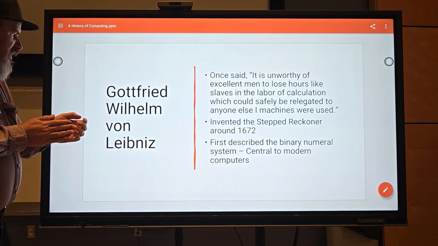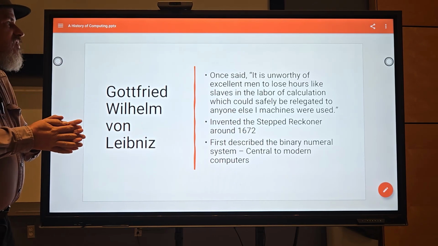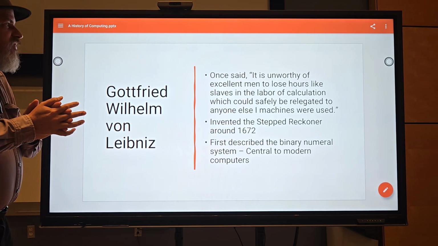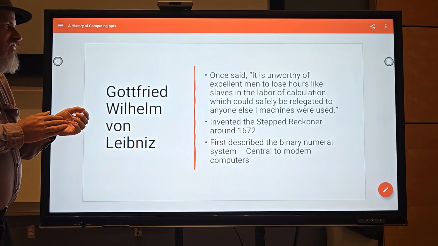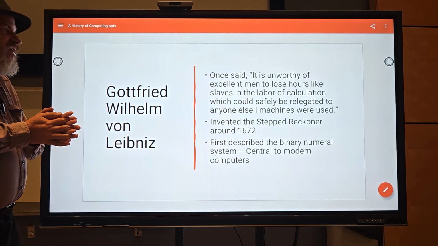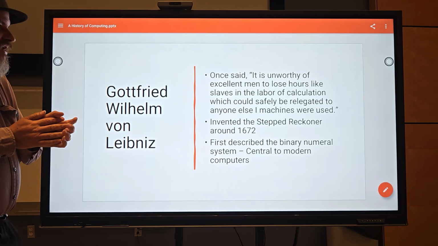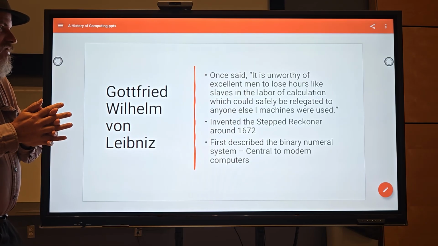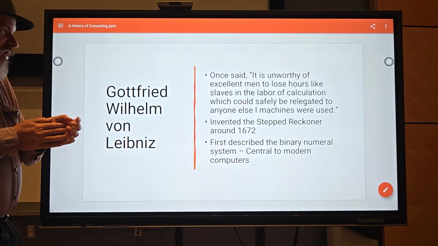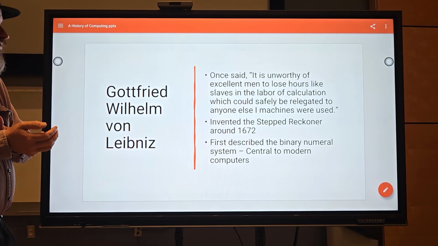Gottfried Wilhelm von Leibniz said it was beneath excellent men to do basic calculation when it could be done by any Joe Schmo with machines.